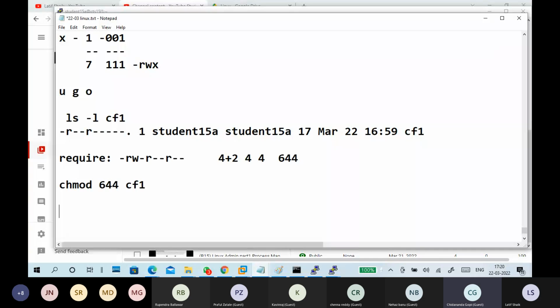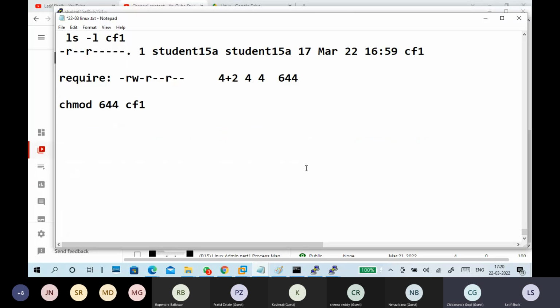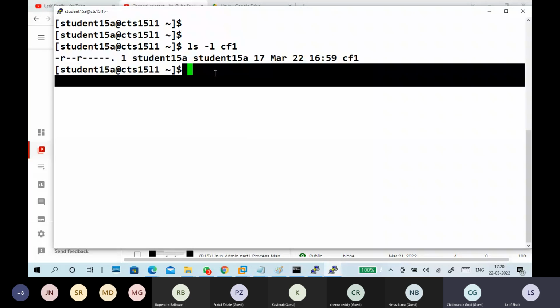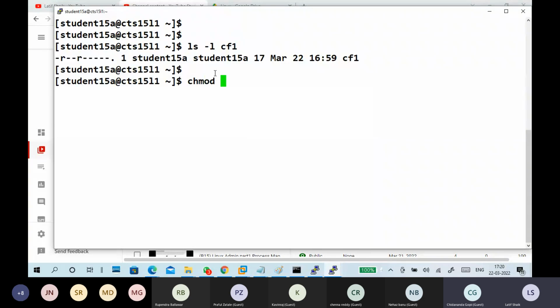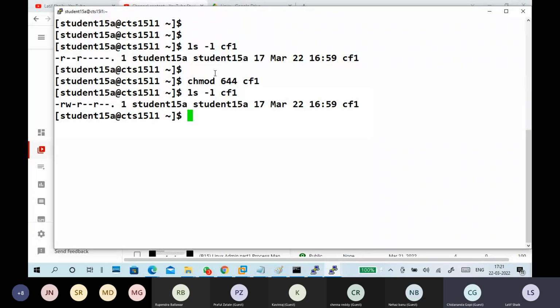So I'm implementing chmod 644 cf1. Again, you have to verify. So like this, chmod 644 cf1. Verify whether it changed as per our requirement or not.